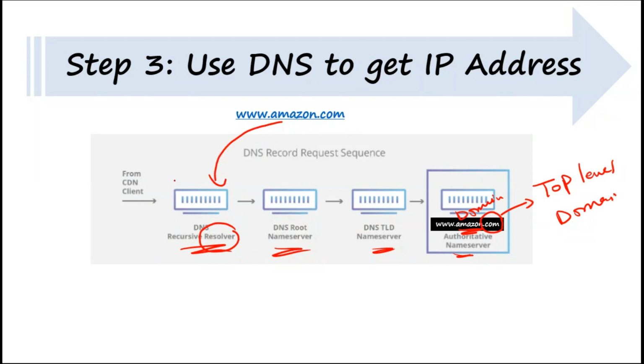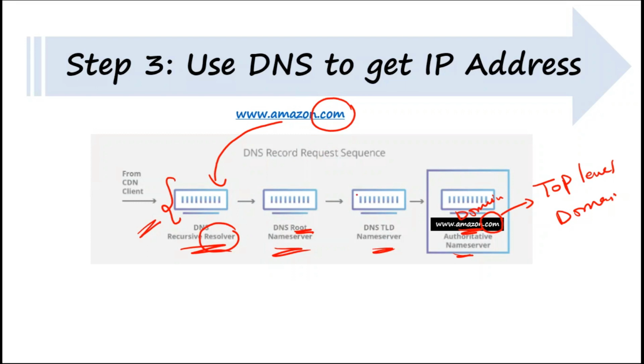It checks if it has stored the IP address in its memory. In cached memory, does the resolver have the IP address? If not, it would reach out to the root server. The root server will see if it has the IP address or not. If that root server does not have it, it will check what top level domain is associated with the address.